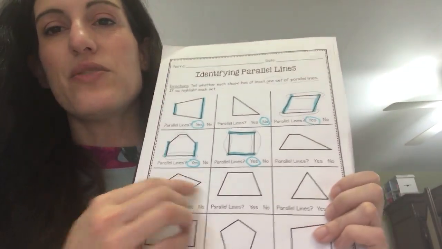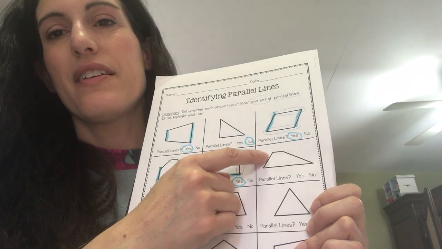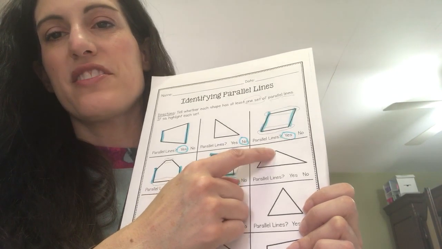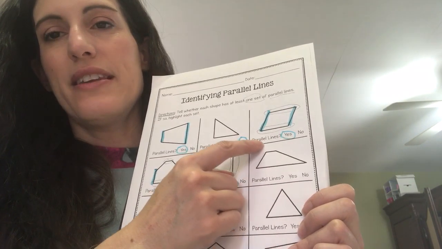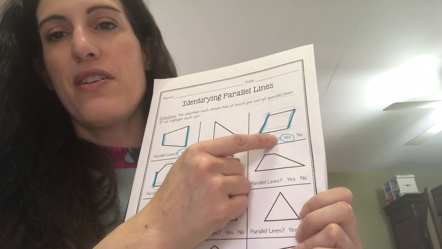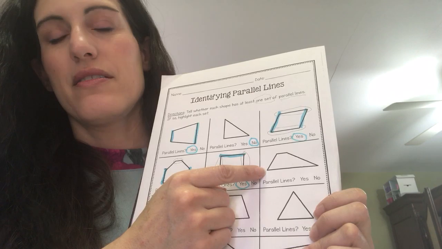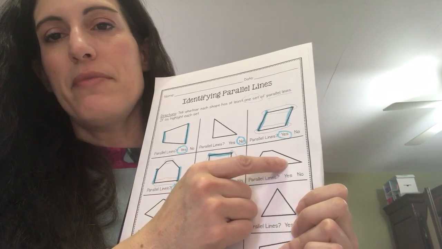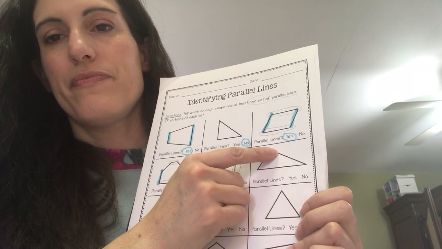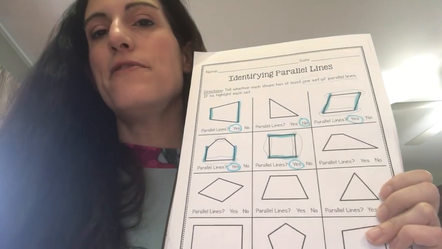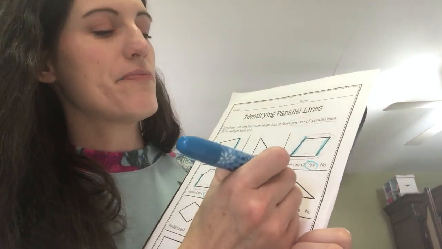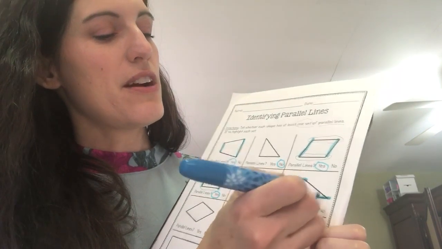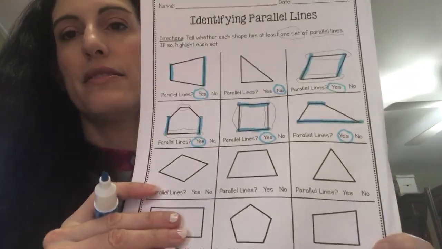Okay, let's look at the next one. Oh, these are slanted. This, if it would keep going, would most definitely cross, wouldn't they? But look at the top and bottom. Are those parallel? Good. Yes, they are. It's got one set.